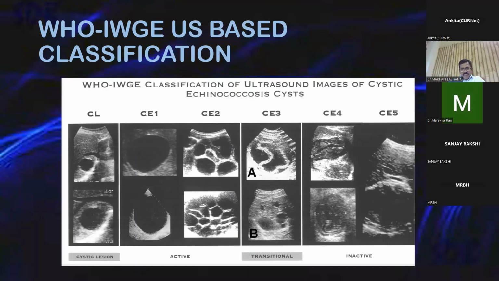C4 shows heavy calcification. Now, if this cyst was present deep in the liver, less than 5 centimeters, showing signs of inactivity, you may get away by treating this patient with what medicines? What oral medicines to be used?